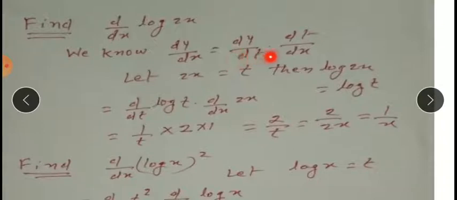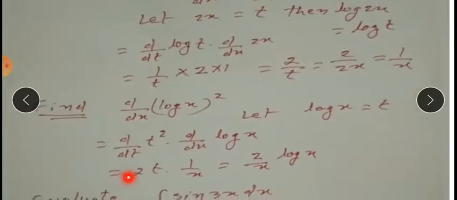Using this formula, we get d/dt of log t into d/dx of 2x. d/dt of log t is 1 upon t, into 2, since 2 is constant and d/dx of x is 1. This is 2 upon t, that is 2 upon 2x, which is equal to 1 upon x. Wherever I say d/dx of log 2x, the answer here is 1 upon x.